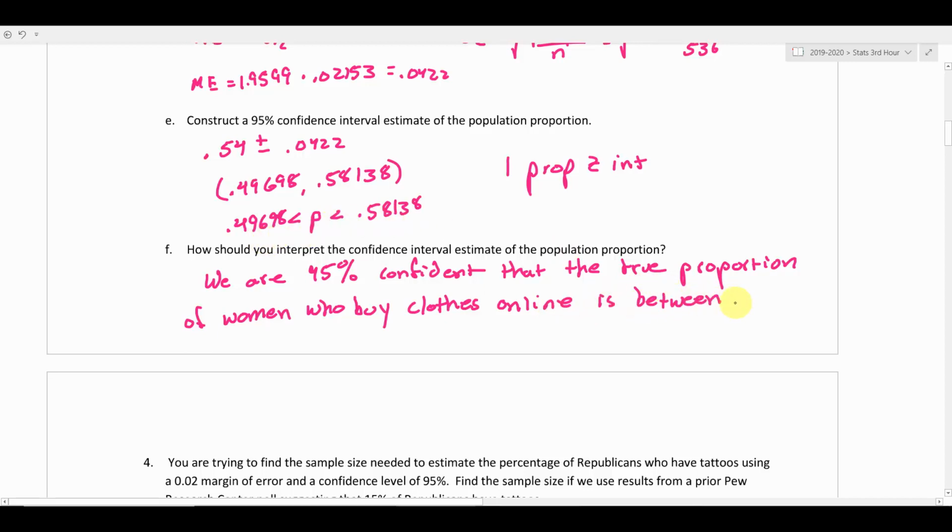So between 0.49698 and 0.58138. All right, so this would be a really good interpretation of that confidence interval.